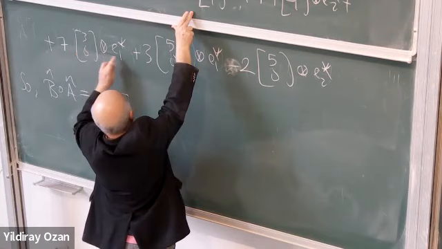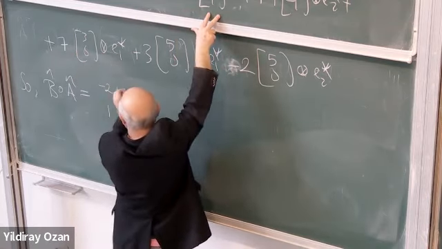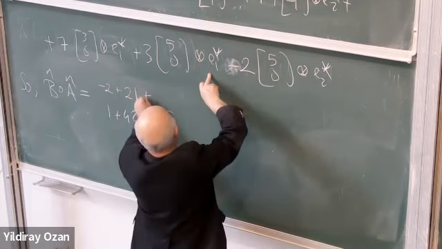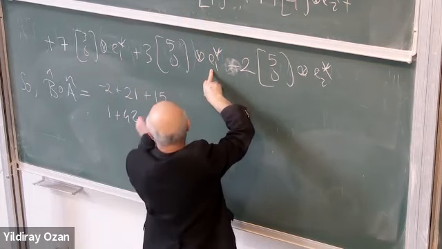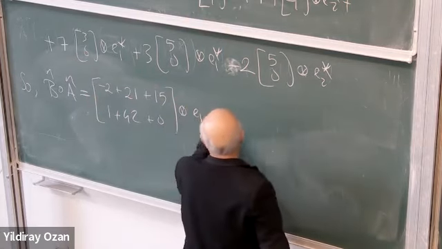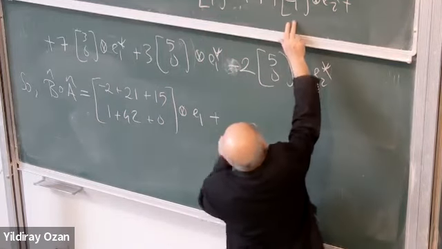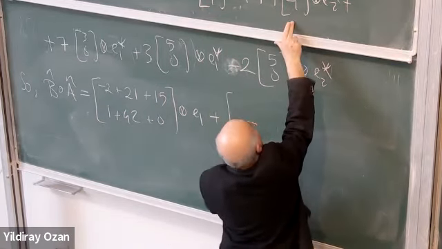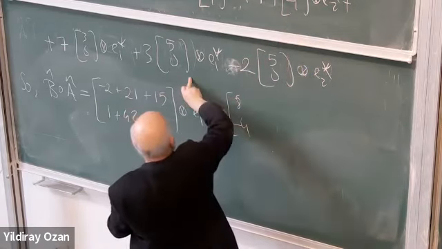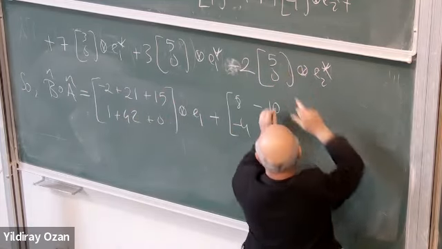Sonra E1 star parenthesis, I have this vector plus this vector, which is 21 plus 42 plus 15 and 0. So this vector tensor E1 plus E2 star'ın katsayılarını, coefficient of E2 star 8 minus 4, no E2 star, no E2 star, and here I have minus 10, 0.